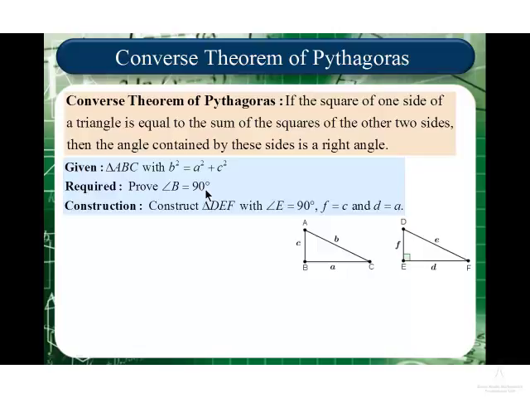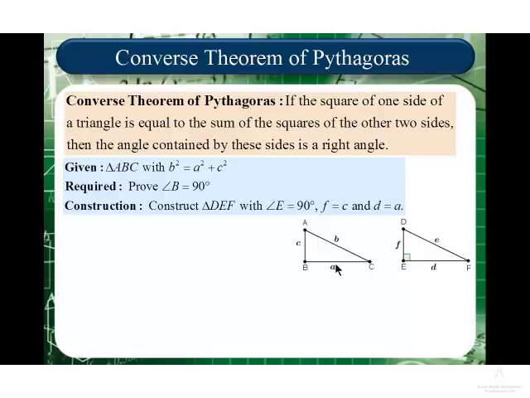In order to do that, we construct a second triangle, DEF, where we actually start by considering the right angle E and the sides linked to the right angle, DE and EF, to have lengths C and A. So the side length EF is equal to C and the side length DE is equal to A. Remember, we have the triangle already ABC with these side lengths A, B, C. So we construct a second triangle where it's a right triangle and the side lengths DE and EF respectively correspond and are equal to the original side lengths of AB and BC, namely C and A respectively.